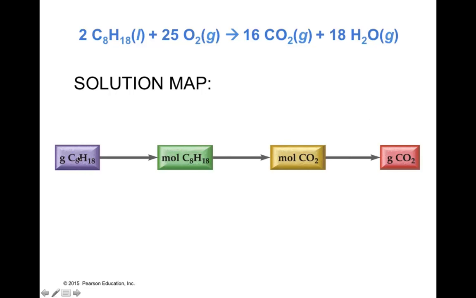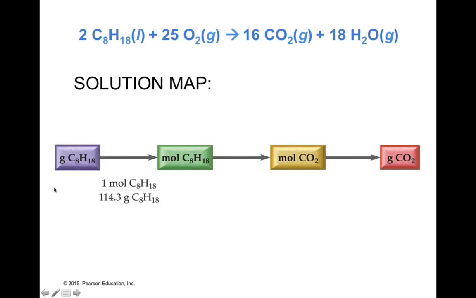We have the mass of octane. We need to turn the mass of octane to the moles of octane by using the molar mass of octane. And remember that we can invert this conversion factor if we need to put the unit of gram in the bottom or mole in the bottom, whatever we need. We can invert it and represent the conversion factor the way that we need it.